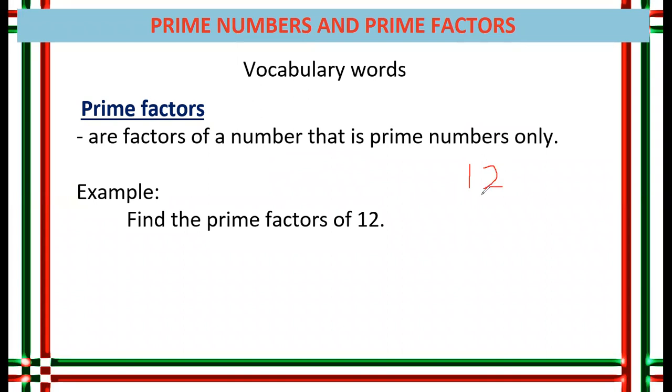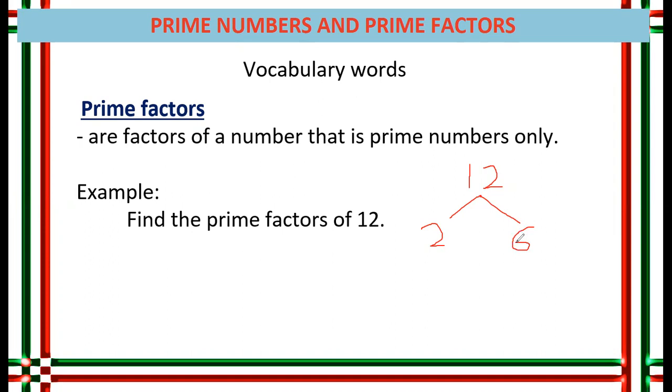Then branch out. You can use any factors of 12, like 2 times 6, 3 times 4, except 1 times 12. Why is it not allowed to use 1 times 12? Because 1 is not a prime number. So I can use 2 and 6.